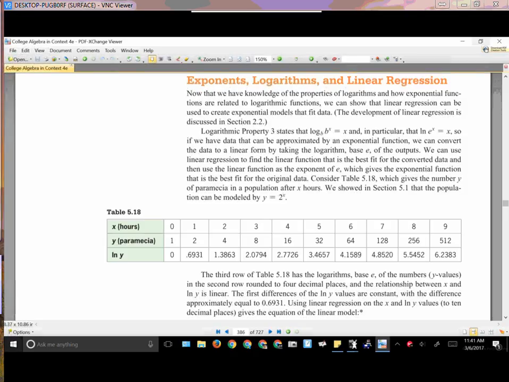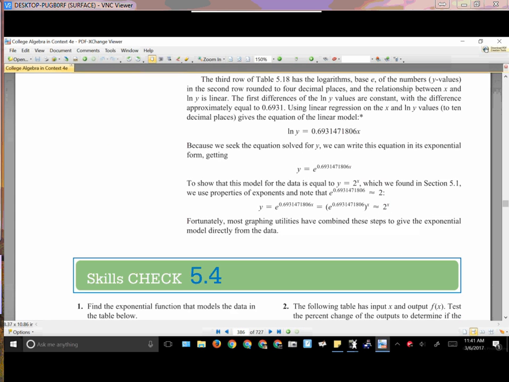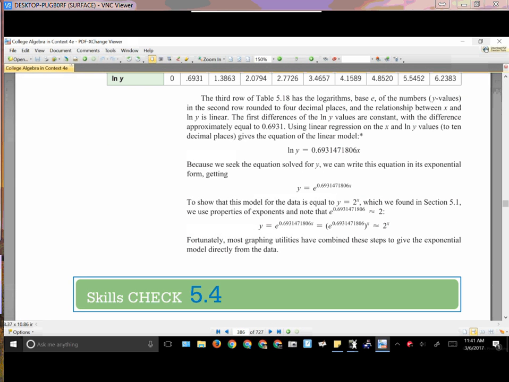We know how to go through and do that. Okay? When you're taking a look at the differences, that is going to give you an idea of what it is you should be looking at. Okay?